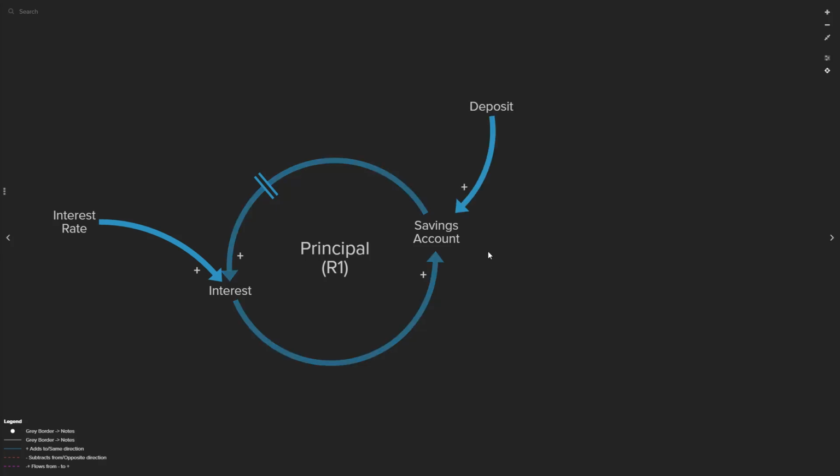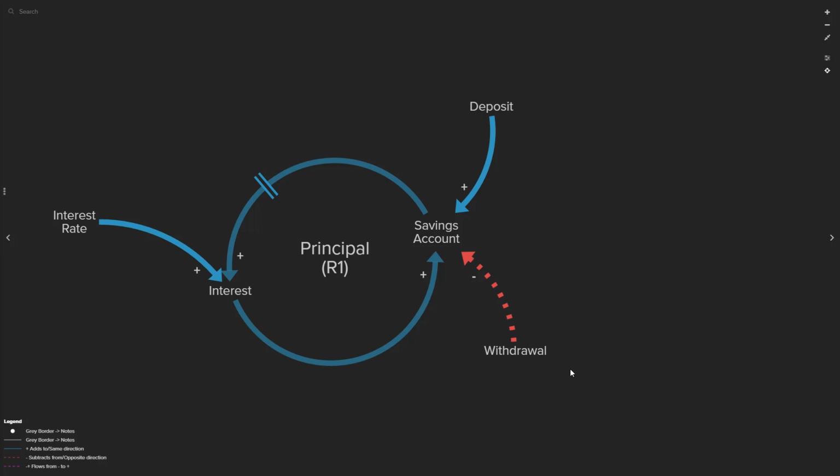Then the savings account is not going to generate any interest unless at some point in time someone makes a deposit in it, and you could make periodic deposits to increase the amount in the savings account, which would then increase the interest, increasing the amount of money in the savings account. So the relationship between deposit and savings account is the same kind of relationship where you increase the deposit, you increase the amount of money in the savings account.